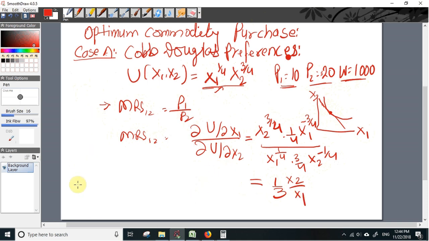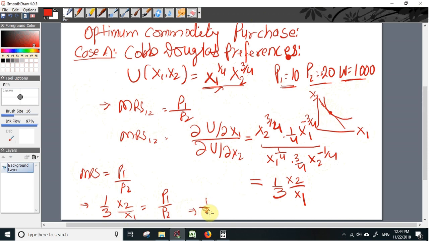Now by equating this to the price ratio, the marginal rate of substitution equals the price ratio, and this becomes 1/3 x2 over x1 is p1 over p2.